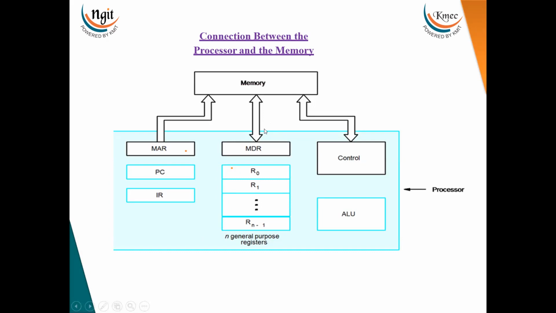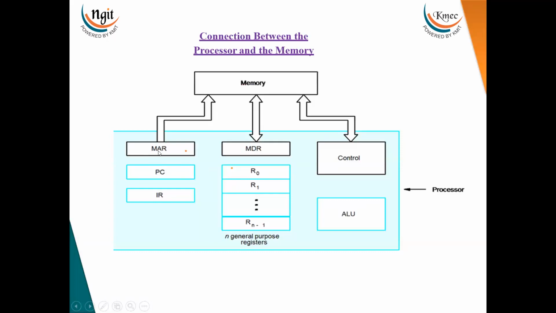Now, this is the memory unit and this is the processor, which are connected by using three different buses. Again, buses in detail I will explain in the next topic. Now consider them as an address bus, data bus, and control bus. The address bus is connected to the address register.